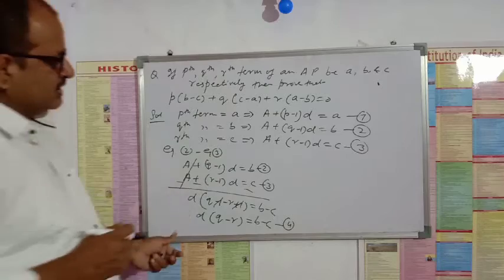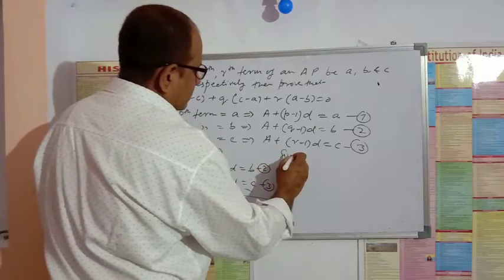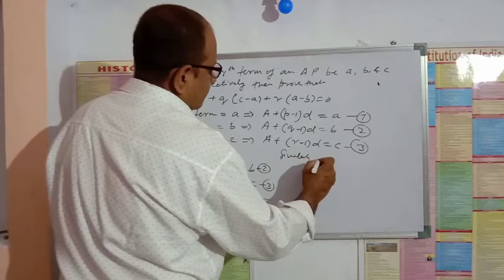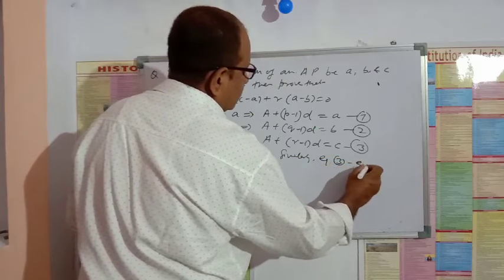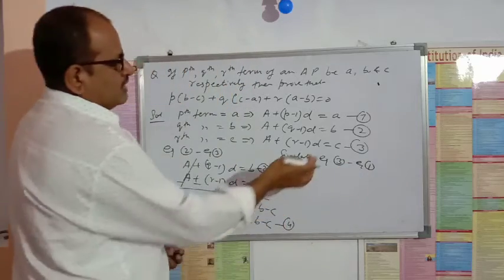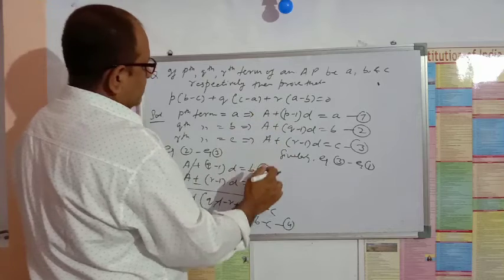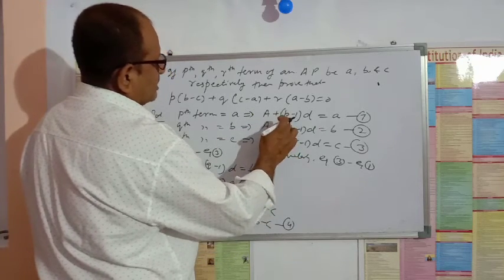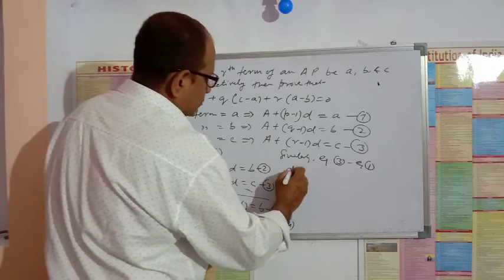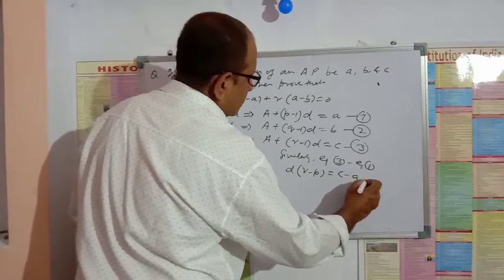Next one, c minus a. Similarly, equation 3 minus equation 1. What will we get? 3 minus 1. C minus a we will get. Here again A cancels, and we will get r minus p. So we will get d into (r minus p) is equal to c minus a.